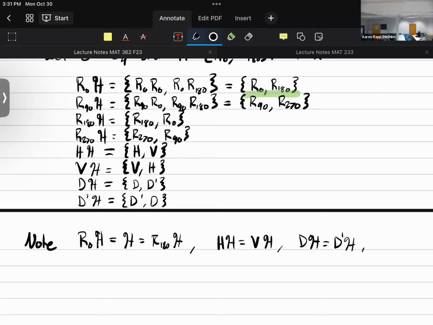You might have said it before. I mean, R2 and R3. So what we see is that, okay, we're not necessarily creating more groups, but there's still some relationships there that can come out of these cosets.